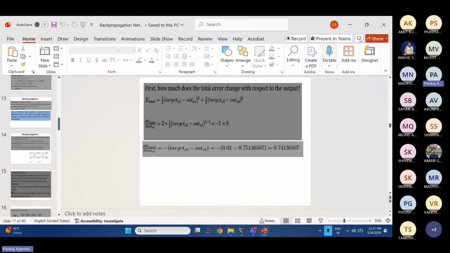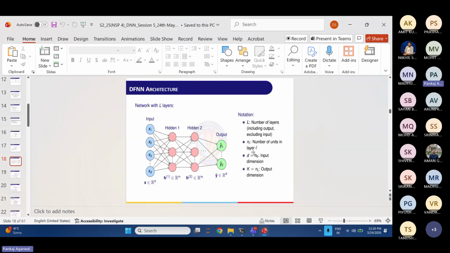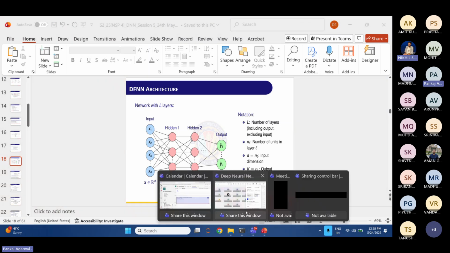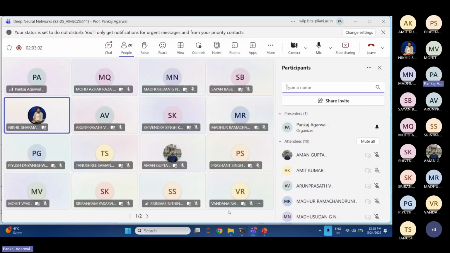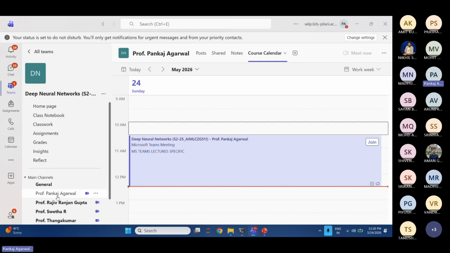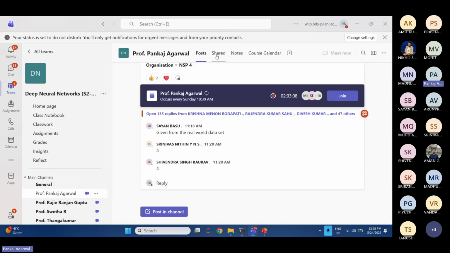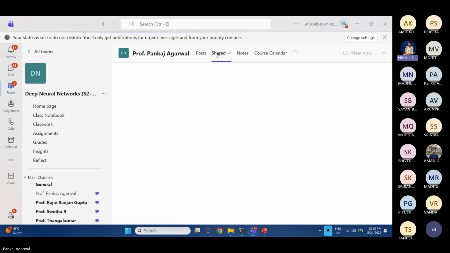Yes, Nikhil, you want to learn something? I just need to know where I can find these PDFs and other stuff for revision. So I told you, you should go to my folder, and there is something called shared, right?